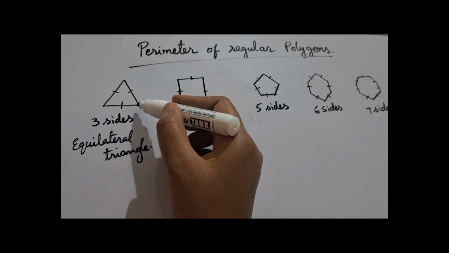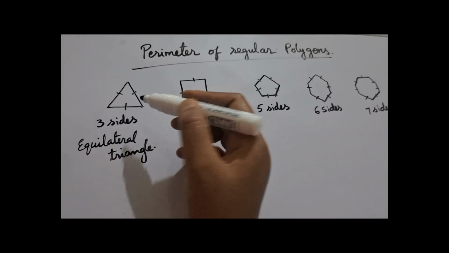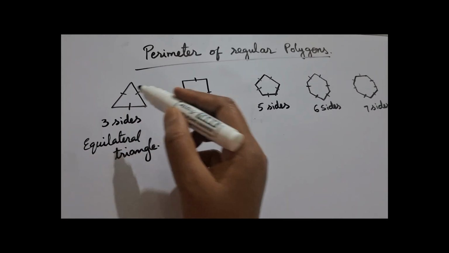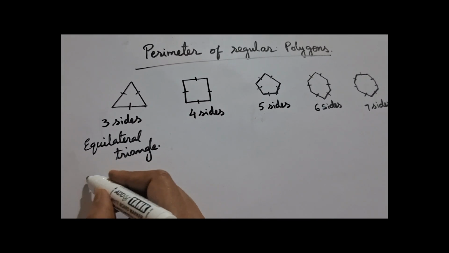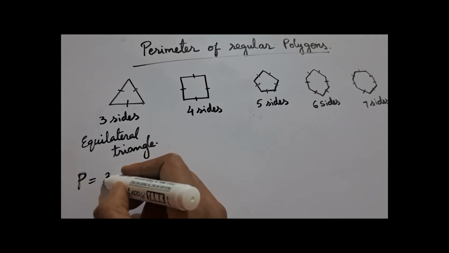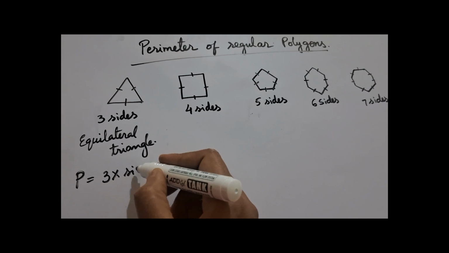The perimeter of this equilateral triangle will be what? Here all sides are same. Then the perimeter of this equilateral triangle will be 3 into side.